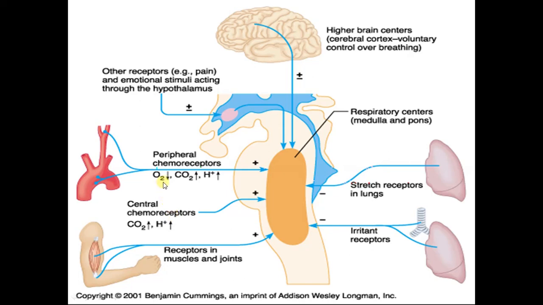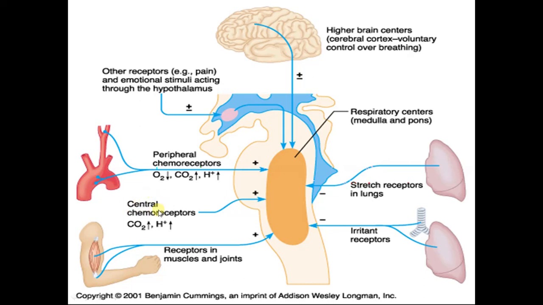These include decreased partial pressure of oxygen in the arterial blood, increased partial pressure of carbon dioxide in the arterial blood, and increased hydrogen ions. These can mediate their effect either through the peripheral chemoreceptors or through the central chemoreceptors.